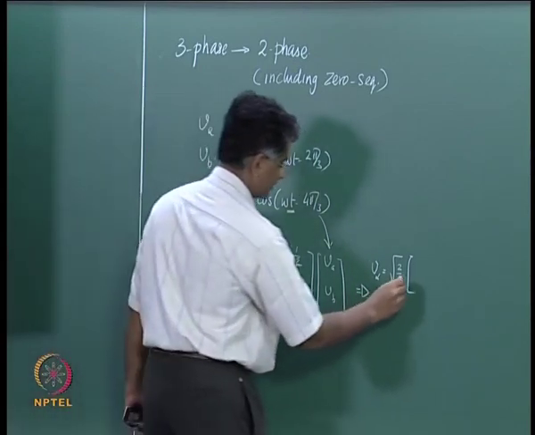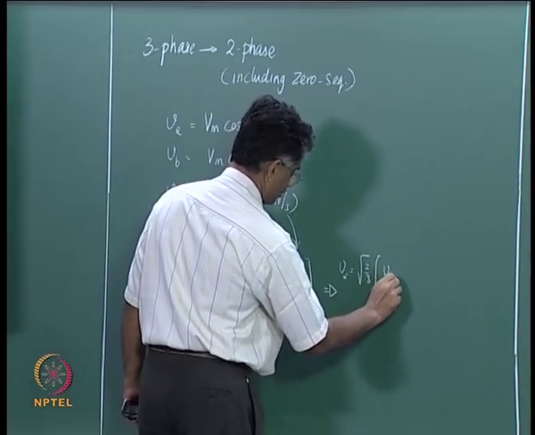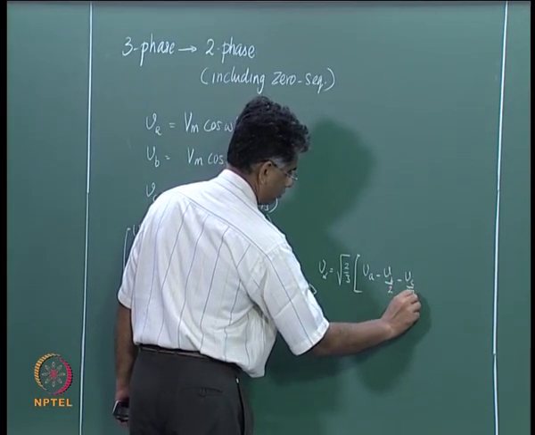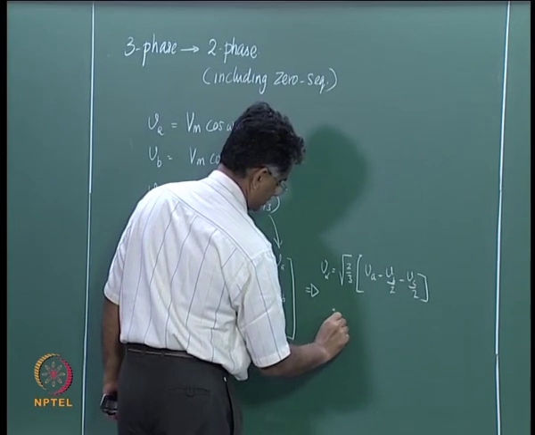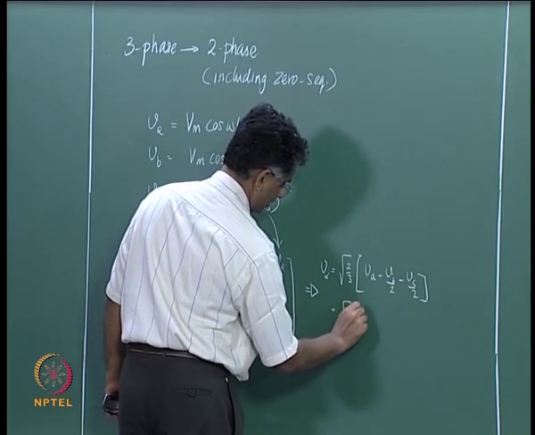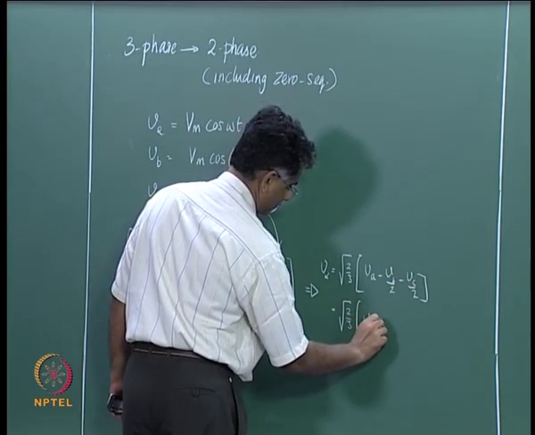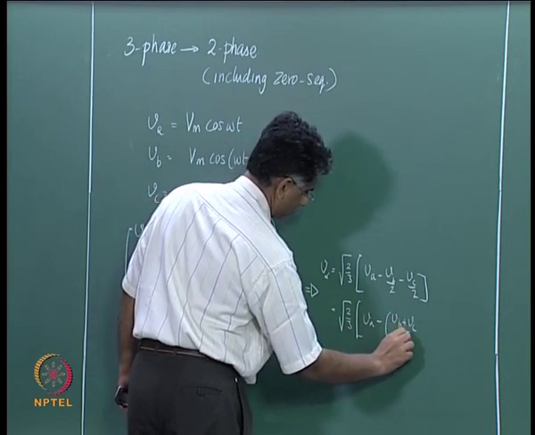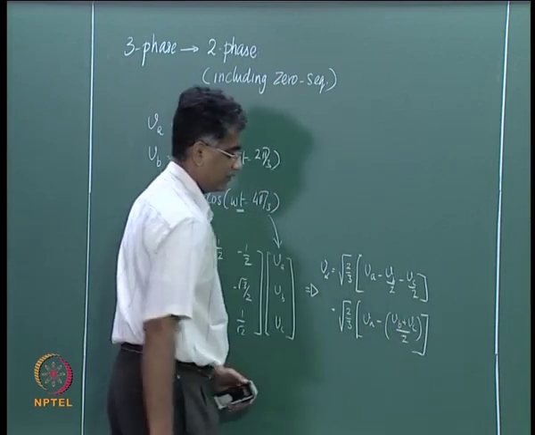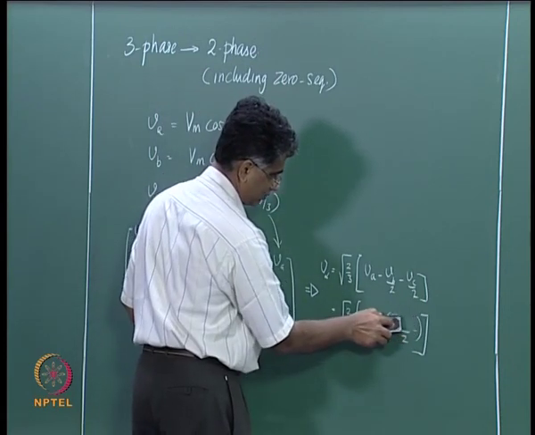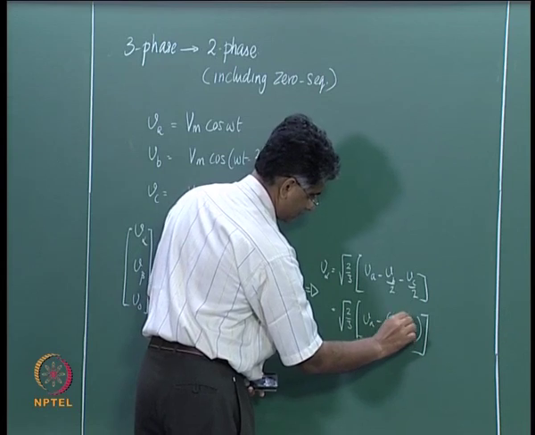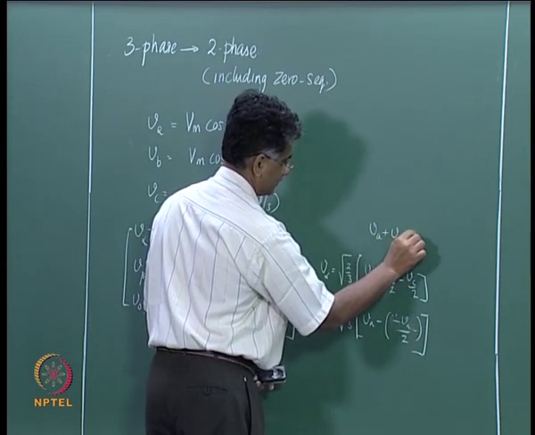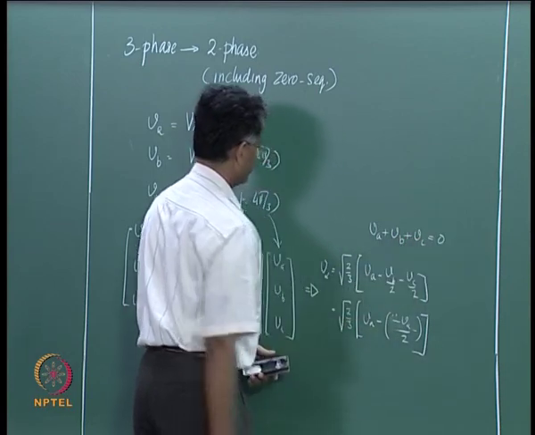This is nothing but root of 2 by 3 into Va minus of Vb plus Vc by 2, and Vb plus Vc is nothing but minus Va, because Va plus Vb plus Vc is equal to 0.